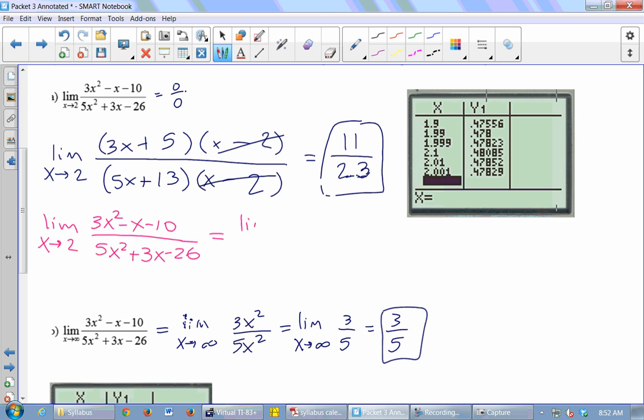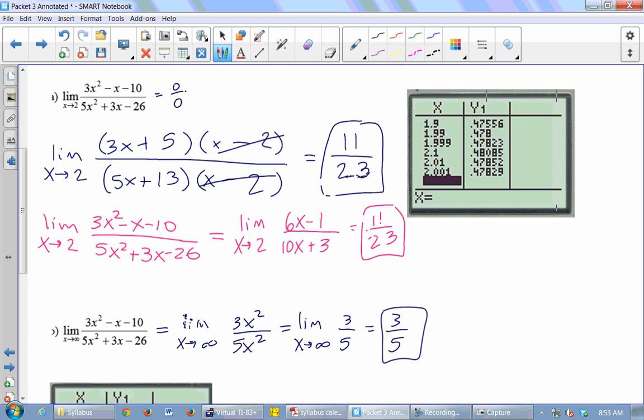I'm going to take the derivative of the top and the bottom, not the quotient rule, but the derivative of the top and the derivative of the bottom. So I get 6x minus 1 over 10x plus 3. And now what happens when I plug a 2 in? 11/23, which is what I got when I did factor and cancel and by a numerical technique.